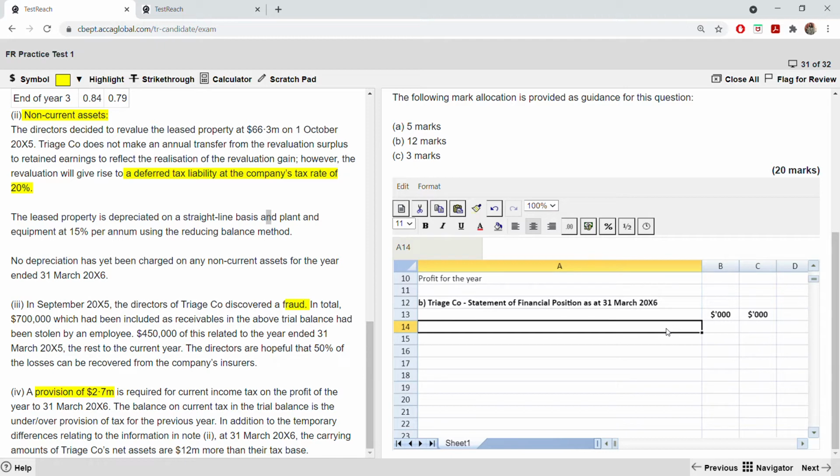Next, you are starting with what? Definitely your non-current assets. So you have to label this, non-current assets.